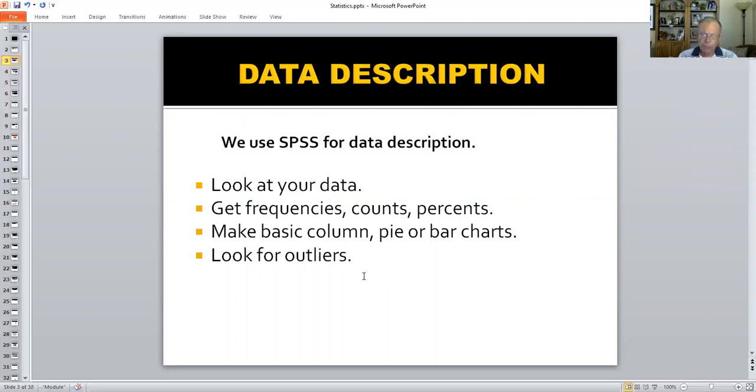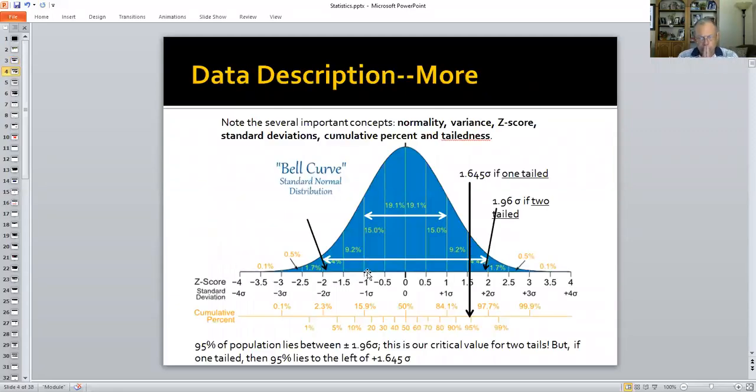So we always begin our analysis looking at the data, making sure that it is in good order, because it's easy to have something that's wrong. Look at it, scan it, see something that shouldn't be there, fix it now. It will only carry forward and be more of a problem later. So this is data description.